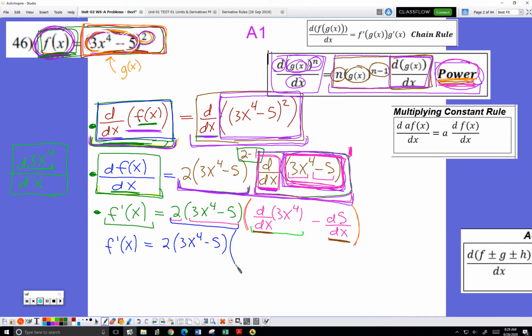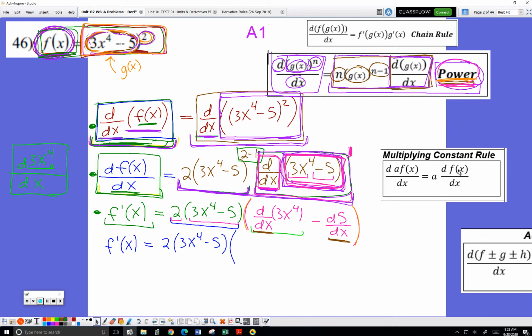We have a new rule. We've got this one now we're going to use. So you can start to see now the value of the pink sheet and why you'll need to get it memorized. I've got this situation, this multiplying constant rule. 3 is a multiplying constant, and here's a power function, x to the 4th.